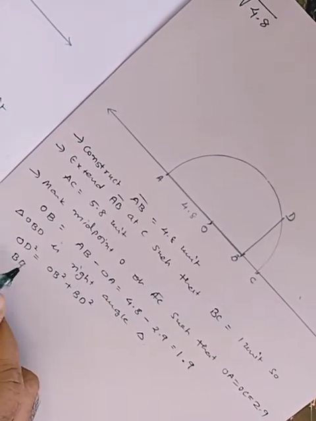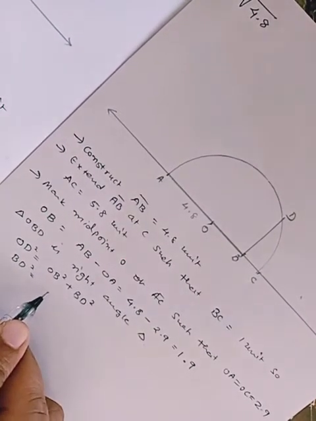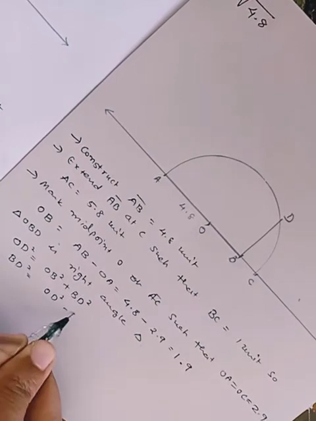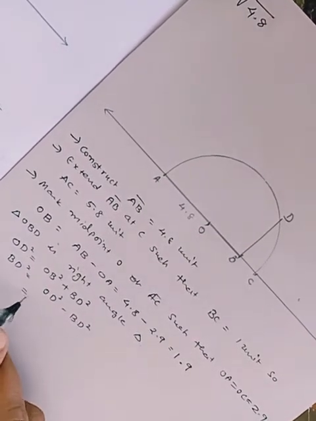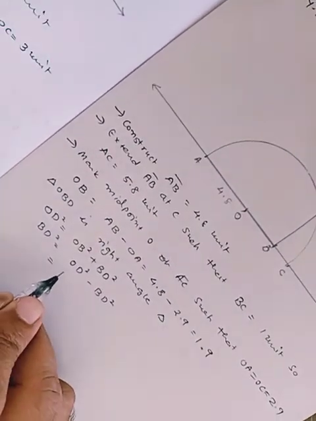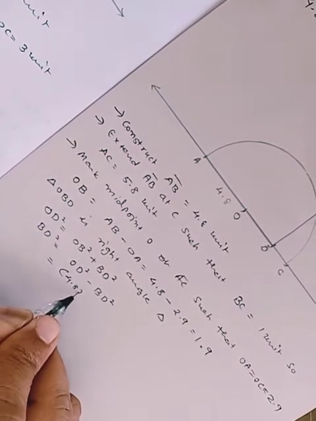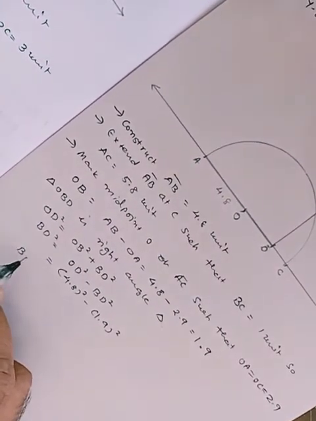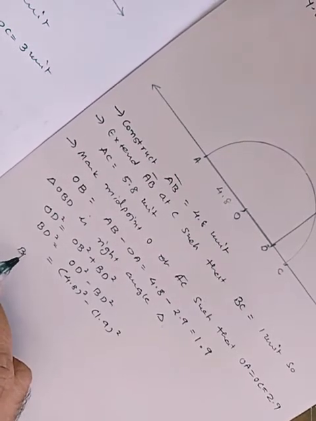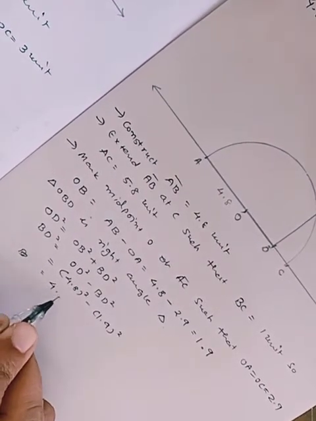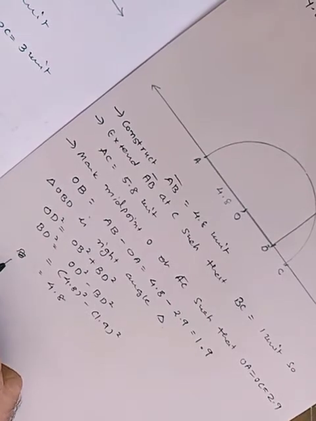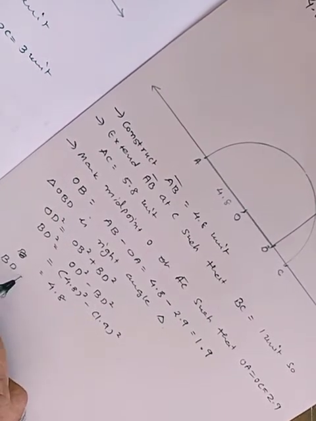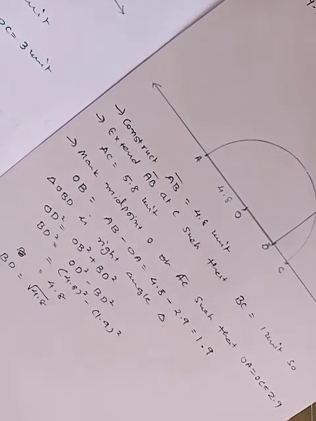So BD square equals OD square minus OB square. So OD square we have 4.8 square minus 1.9 square, which we simplify, and we get 4.8, and so BD equals root 4.8.